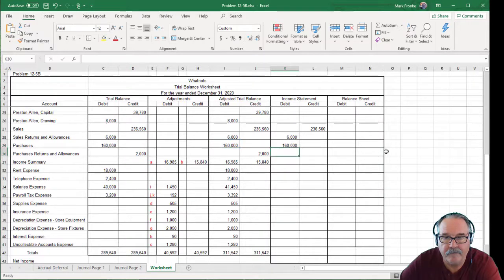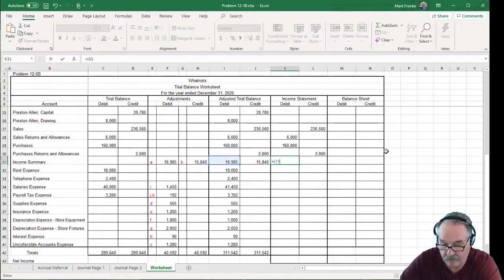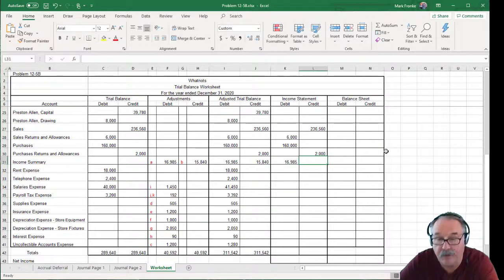Purchases. Purchase returns. The income summary. Again, we'll bring over both sides just to be consistent with how the book presents this.